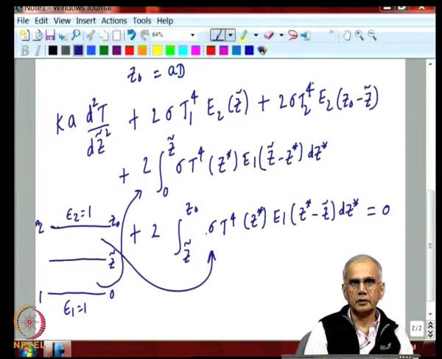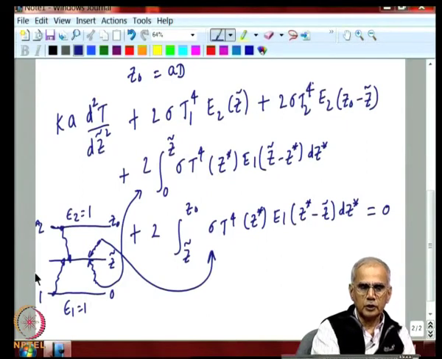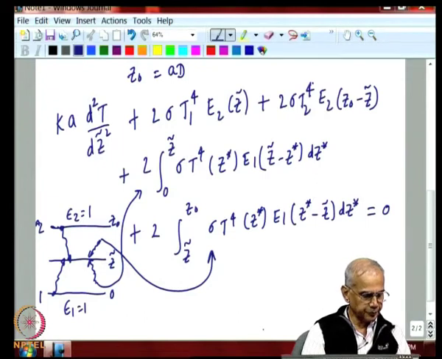So, there is first term coming from here, absorbed here, second term starting from here, absorbed here, the third one is this one, and the fourth one is this one. That is what you are trying to balance at the level Z tilde.